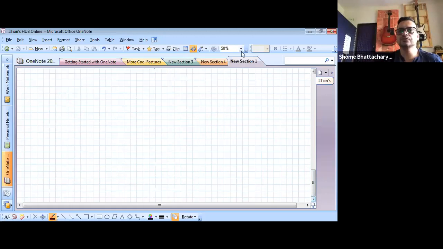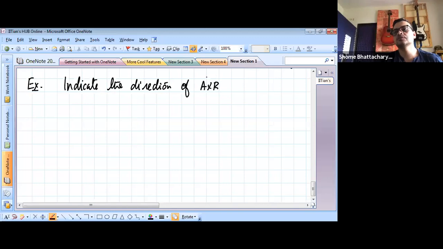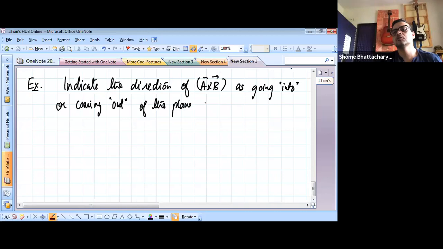So let's do a simple example problem like this, where we indicate the direction of A cross B as going into the plane or coming out, in each case.